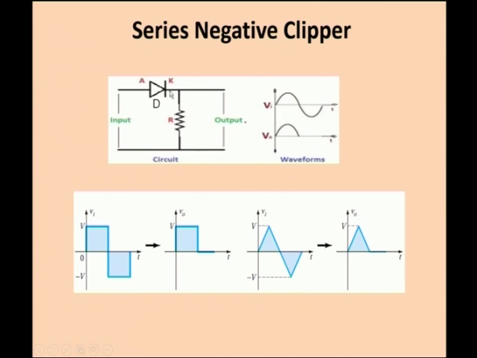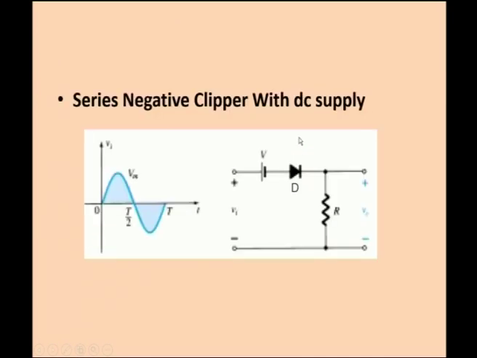Once it is a short circuit, there is no resistance across this diode, resistance is 0 and the maximum current will flow, and so the input can be seen across the output. So, whenever the input voltage is positive, the diode will be in conduction state and the input can be seen across the output. So, the output is following the input.